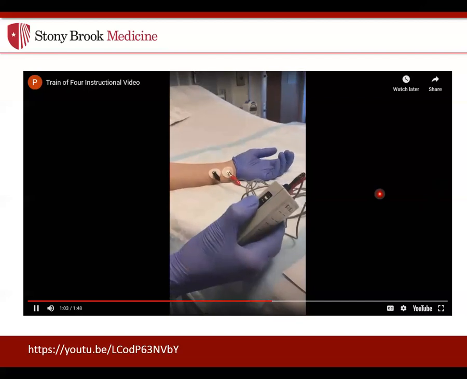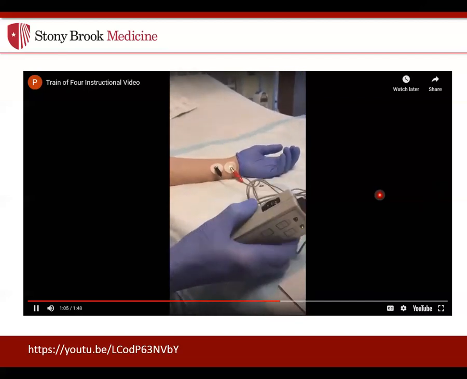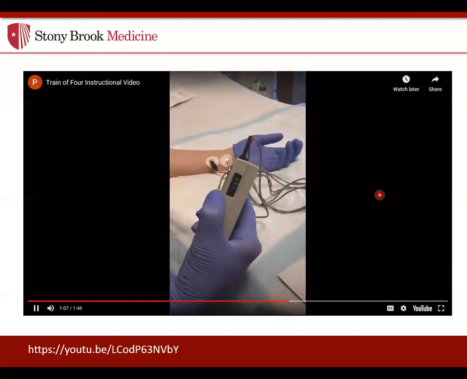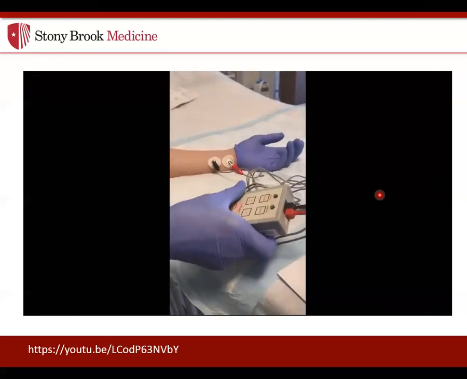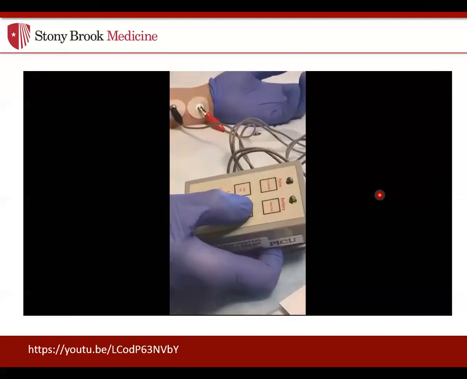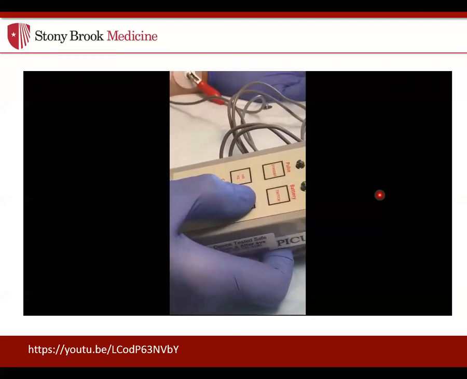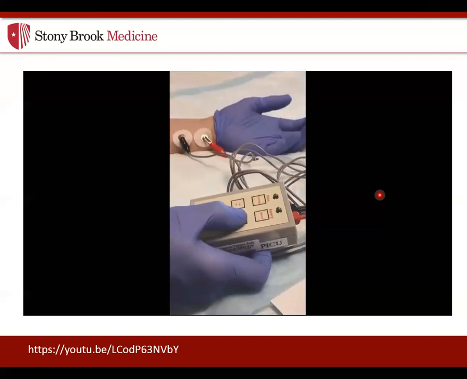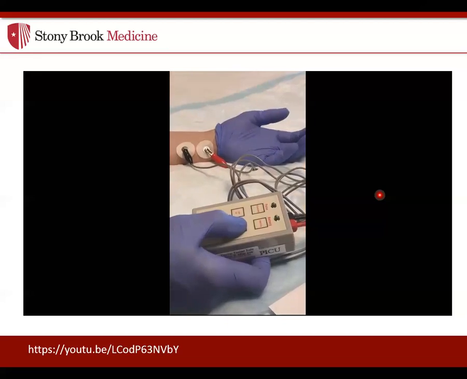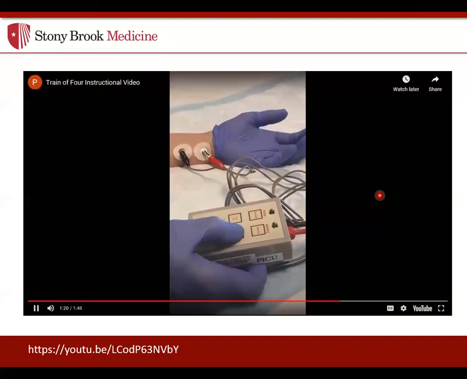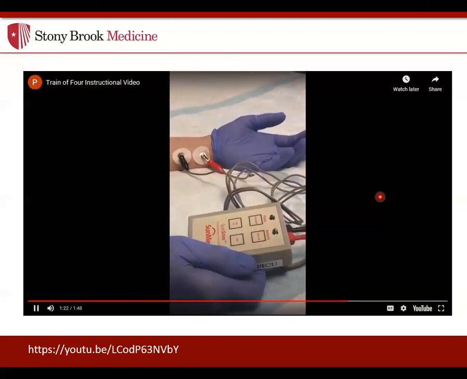And then they deliver the stimulus with the peripheral nerve stimulator. So take a look at the thumb. You should begin to see twitches. Okay, so they saw no twitches that time.